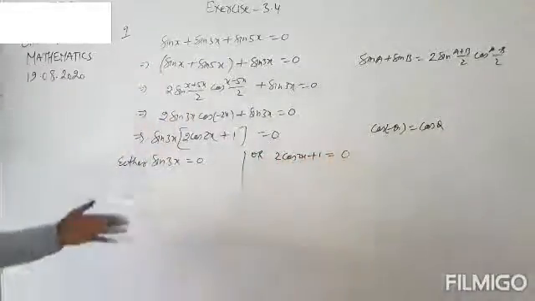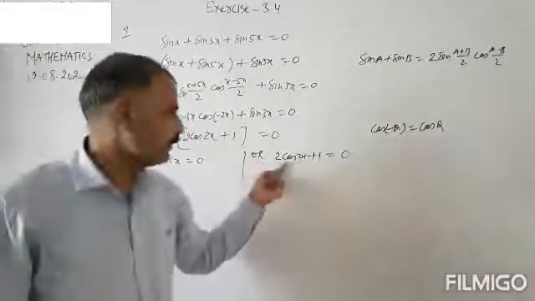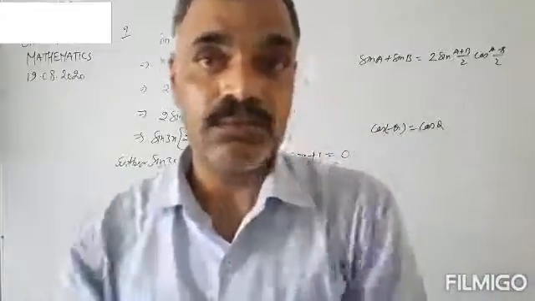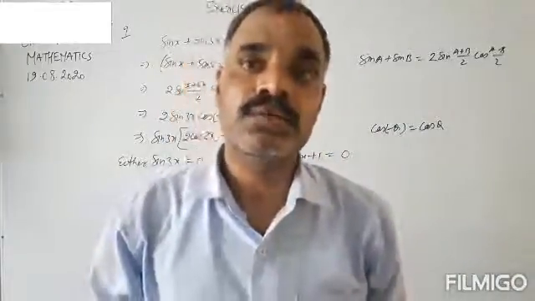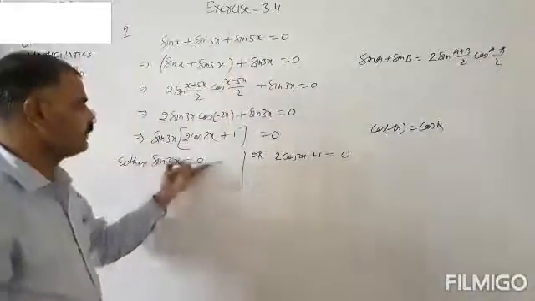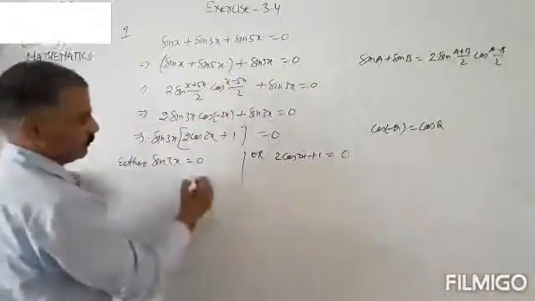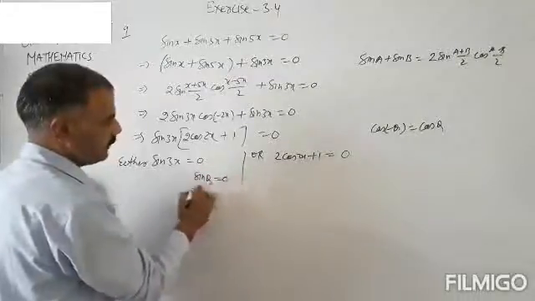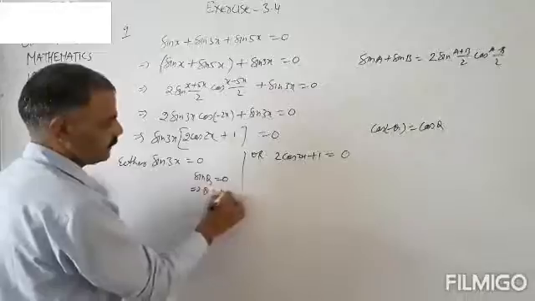Now we have to solve sin 3x equals 0 and 2 cos 2x plus 1 equals 0 to find the general solution of the given trigonometric equation. So sin 3x equals 0. We have already told you many times that if sin theta equals 0, it means theta equals n pi.